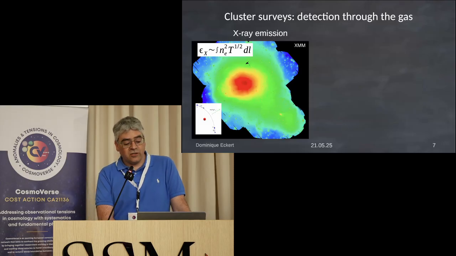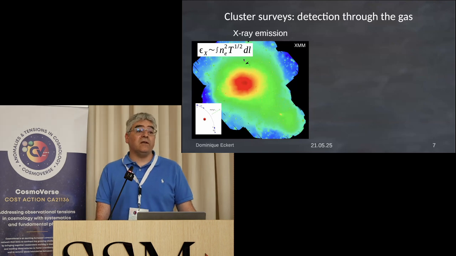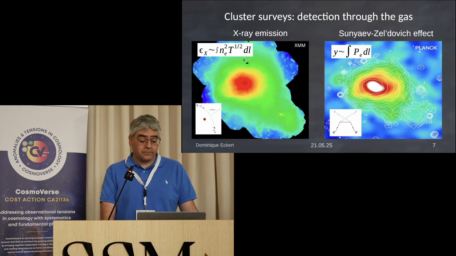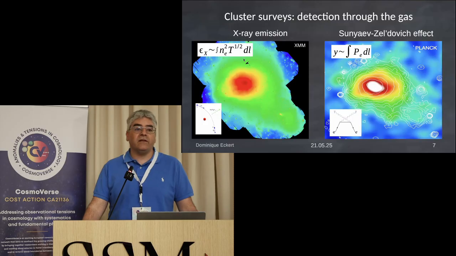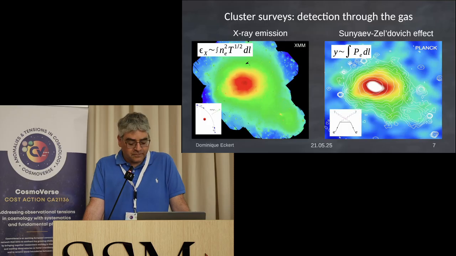And this is shown here by this X-ray emission from the Coma cluster. The emission that you detect goes like the square of the integrated electron density. The other way to do this is the Sunyaev-Zeldovich effect, which I will call SZ for the remainder of this talk in order to avoid having to say the name of these people over and over.